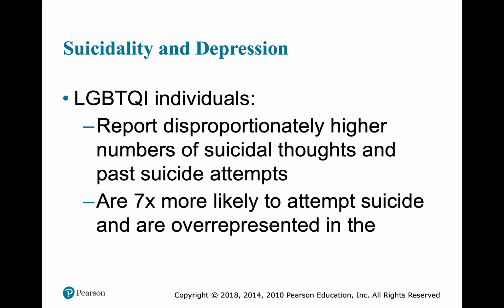So, suicidality and depression. LGBTQI individuals report disproportionately higher numbers of suicidal thoughts and past suicide attempts. They're 7 times more likely to attempt suicide and are overrepresented. Suicide attempts are more likely during developmental milestones associated with coming out, which makes sense.